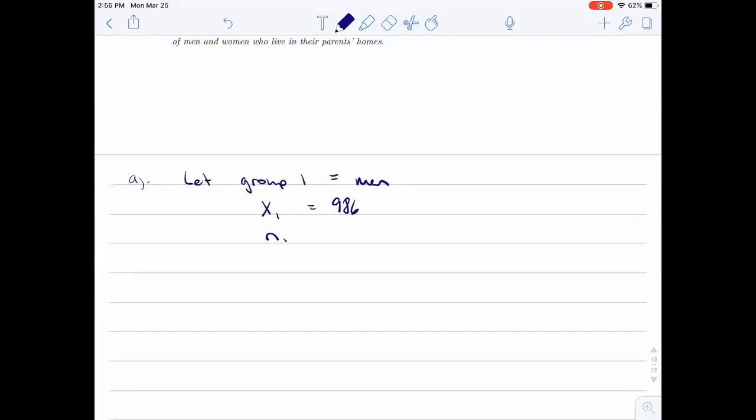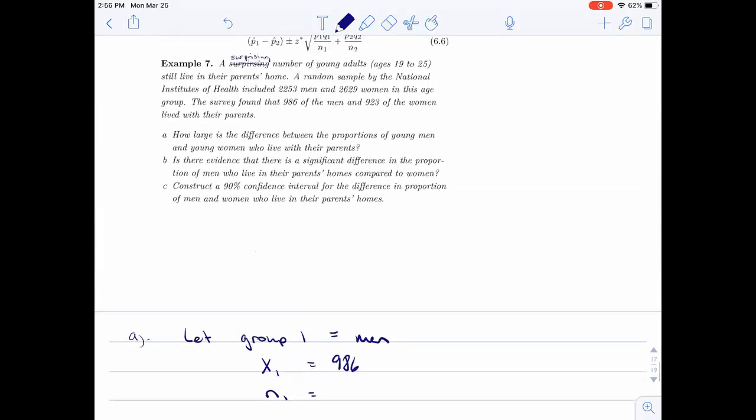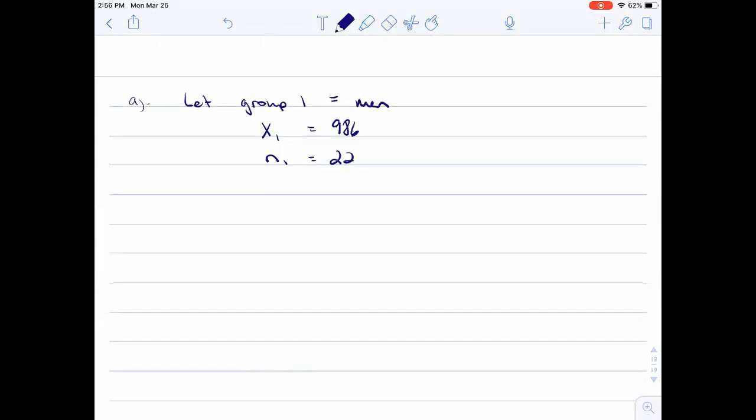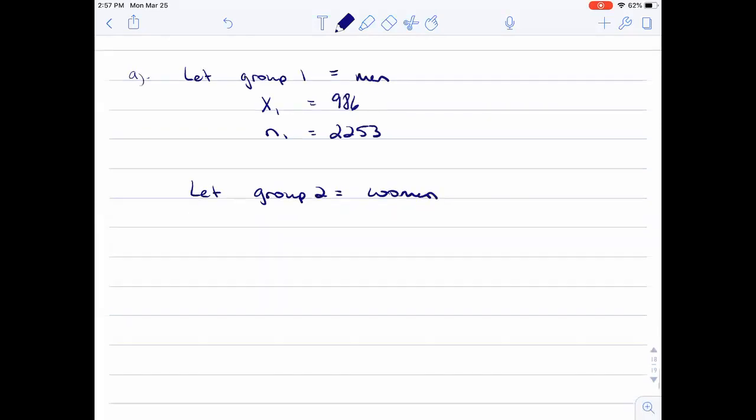And our sample size, N1, is 2253. Then let group 2 be the women. The number of successes in group 2 is 923, and our sample size of group 2 was 2629.